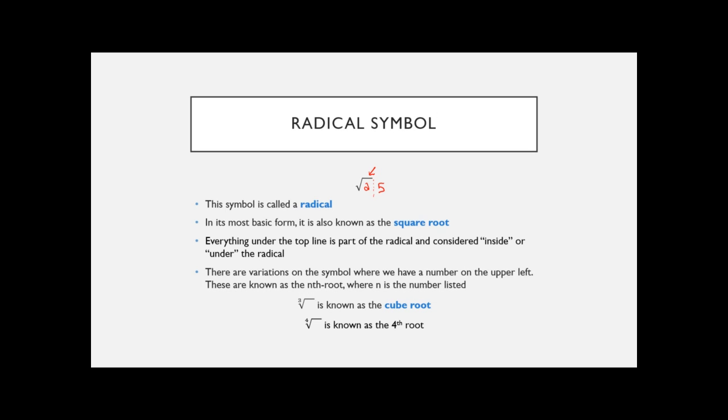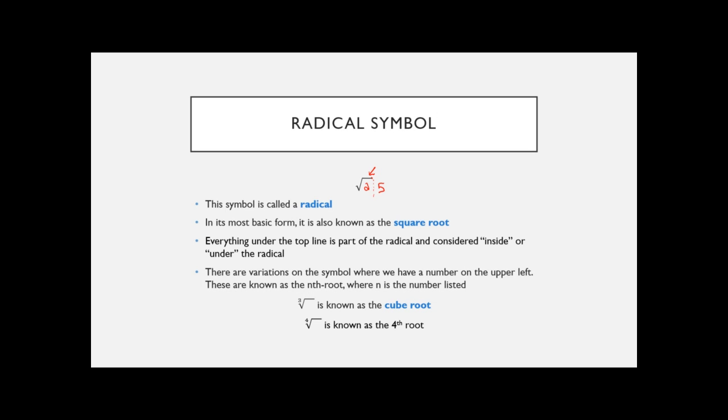If you have a number inside that's supposed to be outside, or the other way around, it will be marked wrong. So pay attention to where your cursor is and where the line is.